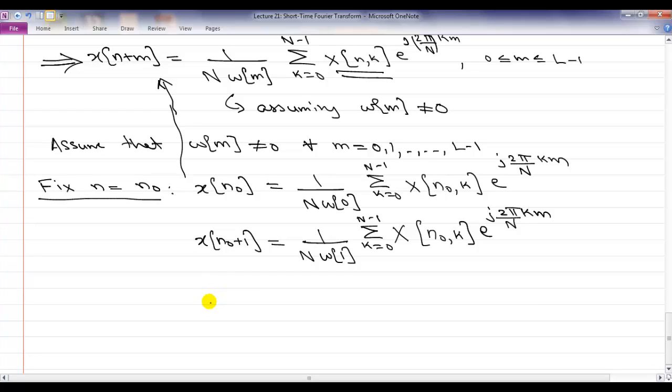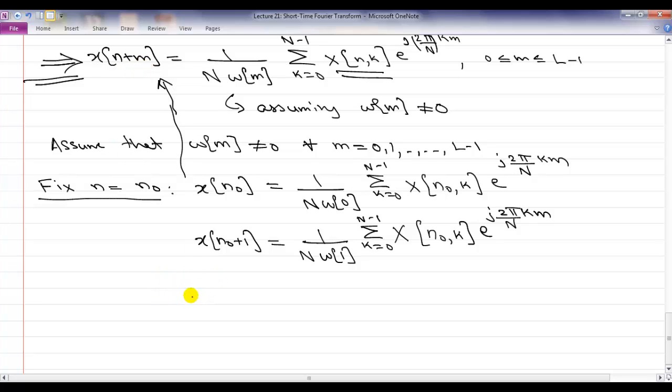There is another possibility, of course, that I could recover x of n naught plus 1 from this same formula, by making n equal to n naught plus 1 and m equal to 0.